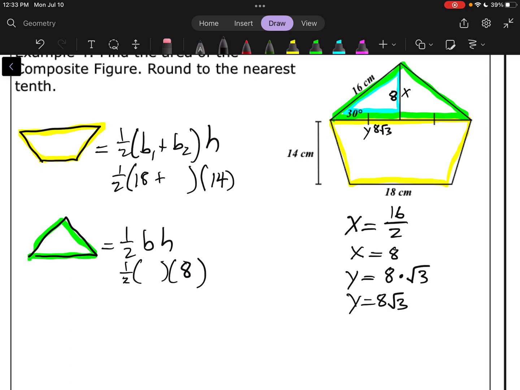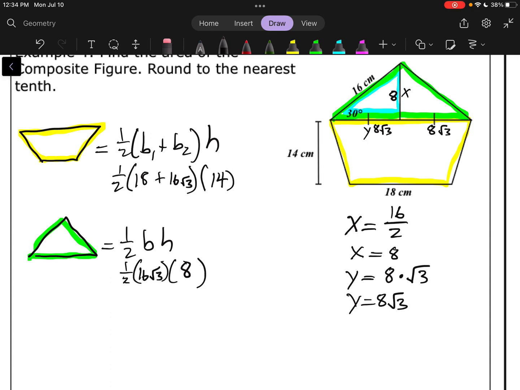And since that's being marked as the same as this side, that means that the base of our triangle is 16 root 3. And that means also that the other base of our trapezoid is 16 root 3. So that's why this thing said round to the nearest tenth, because when we typed all this in, we're definitely going to get some decimals.